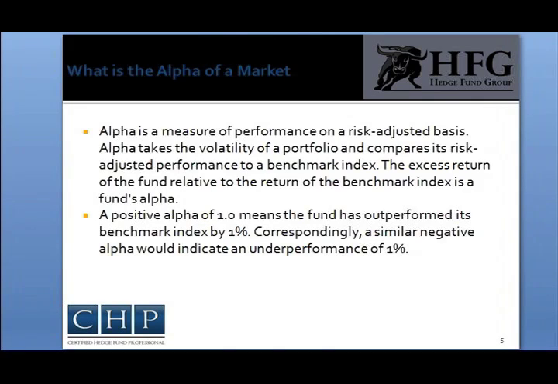The information ratio uses the term alpha to determine the performance on a risk-adjusted basis. The alpha takes the volatility of a portfolio and compares its risk-adjusted performance to a benchmark. The excess return of the fund relative to the return of the benchmark is called the alpha.